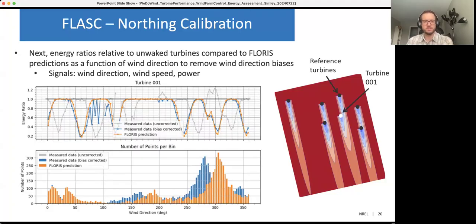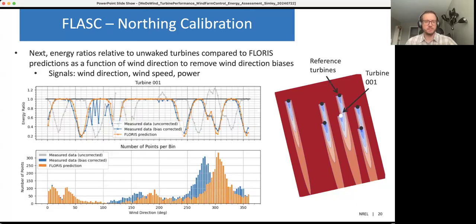And so we can use them to measure the absolute wind direction for our experiment to determine what the inflow conditions are. So to do this northing calibration, we'll take one of the turbines that's waked and calculate its energy ratio for all wind directions. And so that's going to show where the energy is, or where the wake losses are.